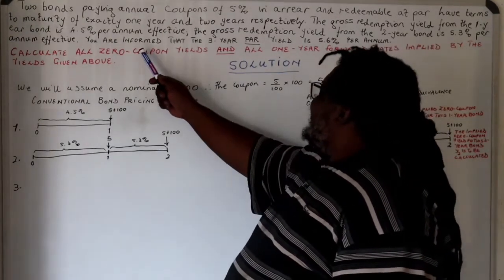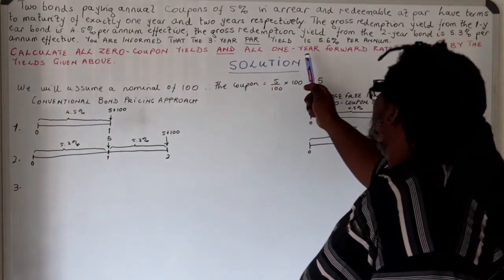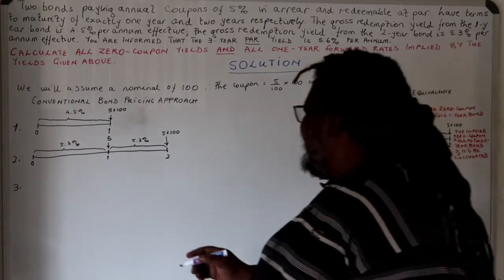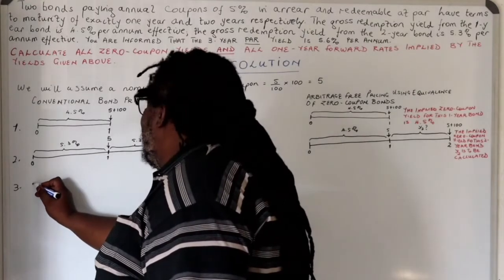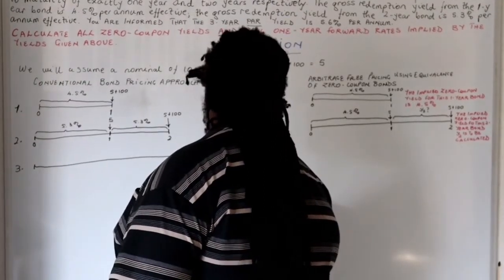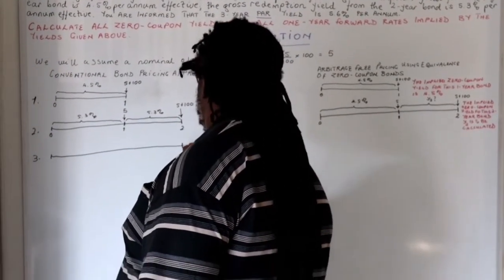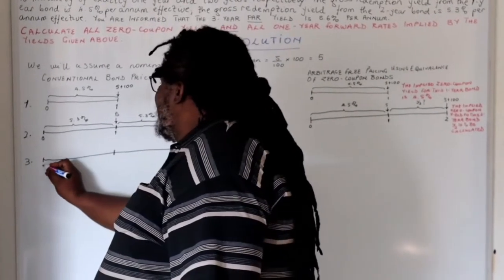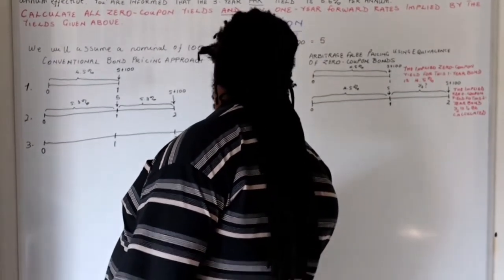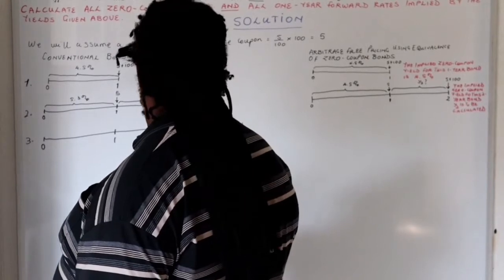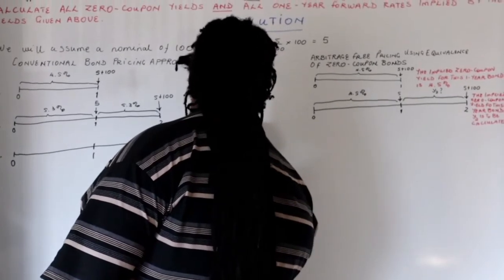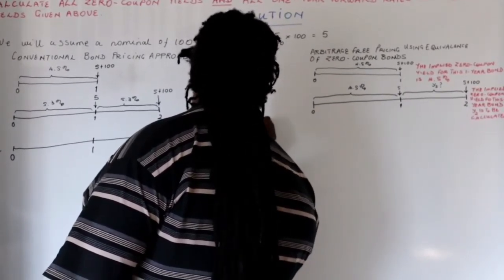So they say you are informed that the 3-year par yield is 5.6% per annum. In other words, you are going to be having a bond with the following characteristics. This will be 0, this will be 1, this will be 2, and this will be 3. Here you will have your coupon of 5.6 plus 100 paid.